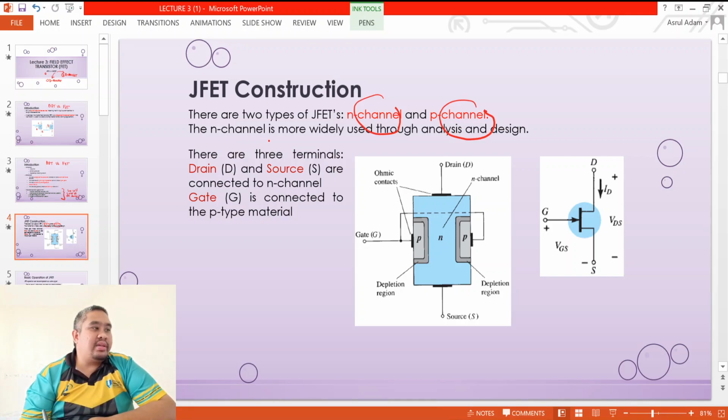The N channel is more widely used for analysis and design, so we will use the N channel for our examples in this class.